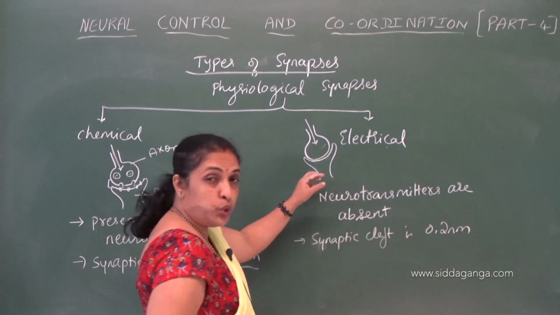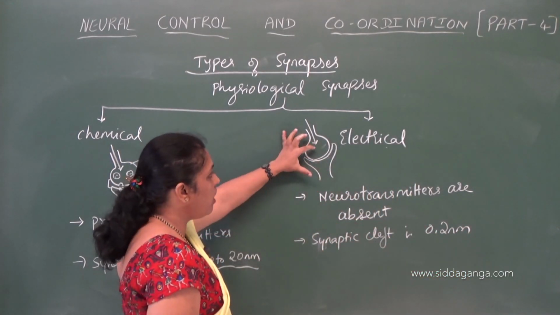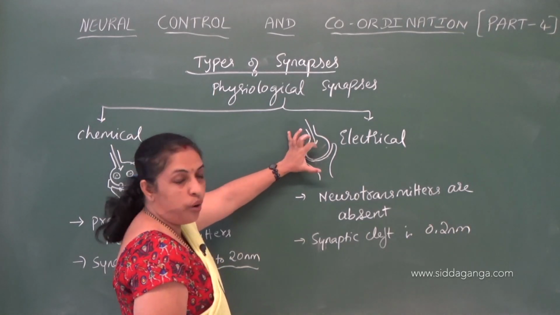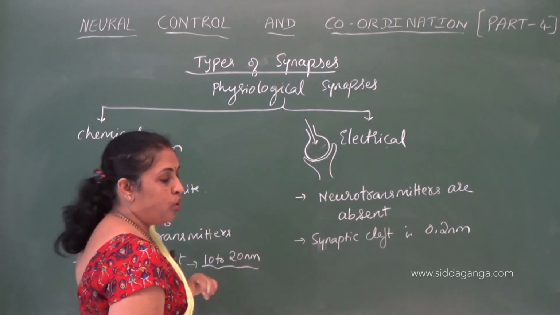See, just 0.2 nanometer, so the impulse will directly shift from axon to dendron.